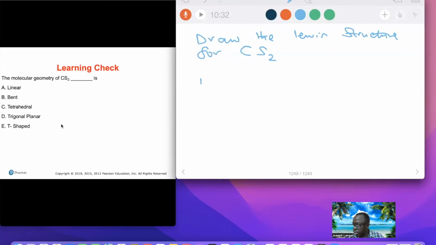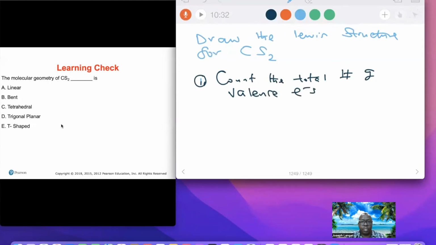So first, we need to count the total number of valence electrons.